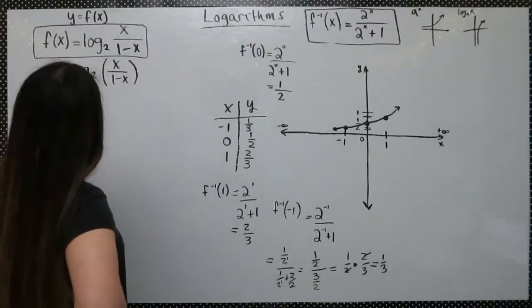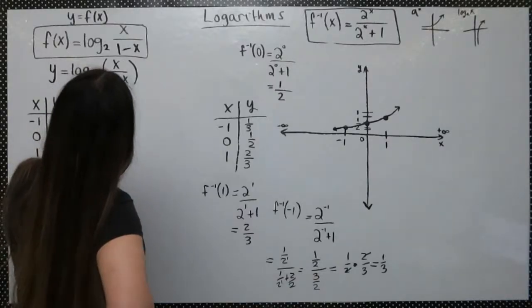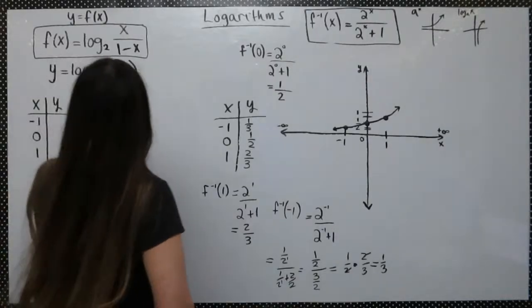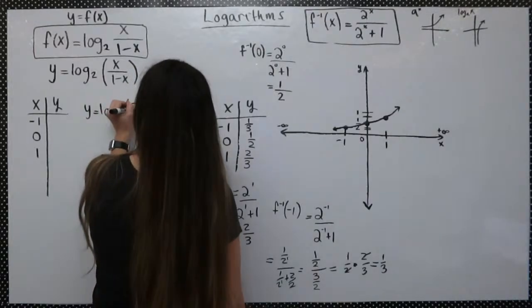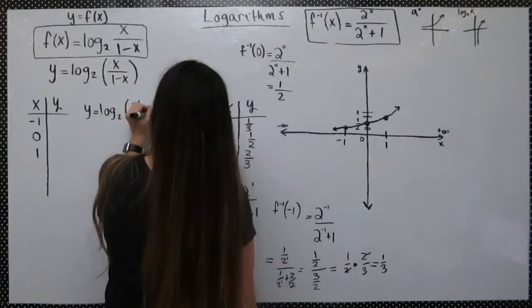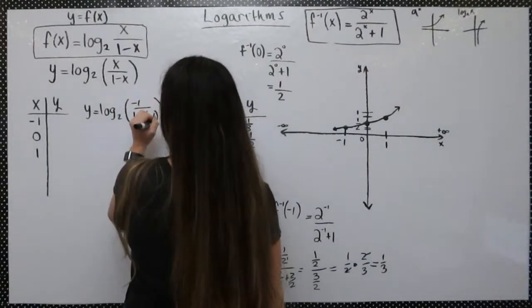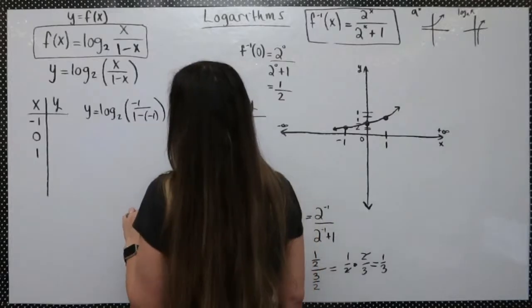So we have y equal log 2 of -1 over 1 minus, will this be overall? I think it will overall be negative.